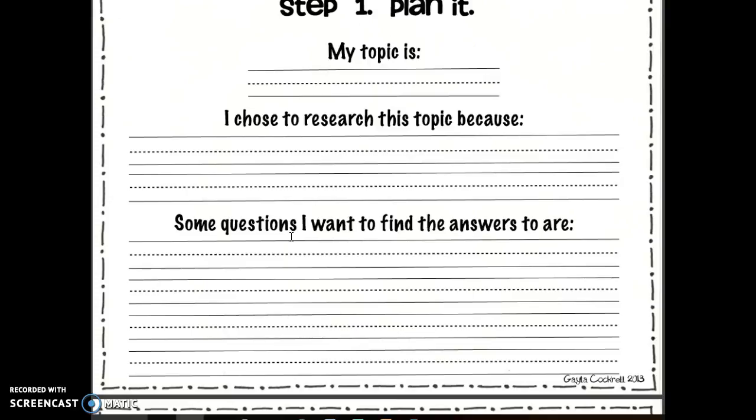But mostly, these need to be done on your own. Boys and girls, I would love it for you to have about 10 great questions on your paper so that next week when you come back to library, you are ready to start your research. This is a really big, important part of your research, is coming up with the questions you want to look for. And so make sure you're taking the time to do this.